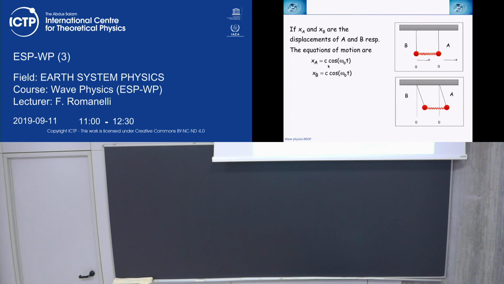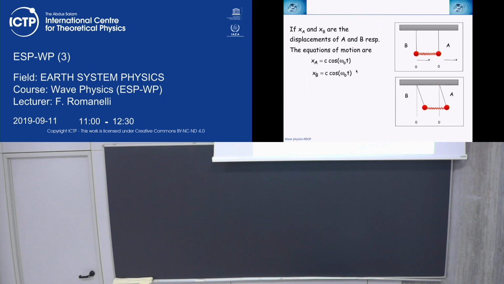Who is deciding? g and L are deciding omega 0. The system. Once you build the system, natural frequency is given. But initial conditions will decide the phase and the amplitude.